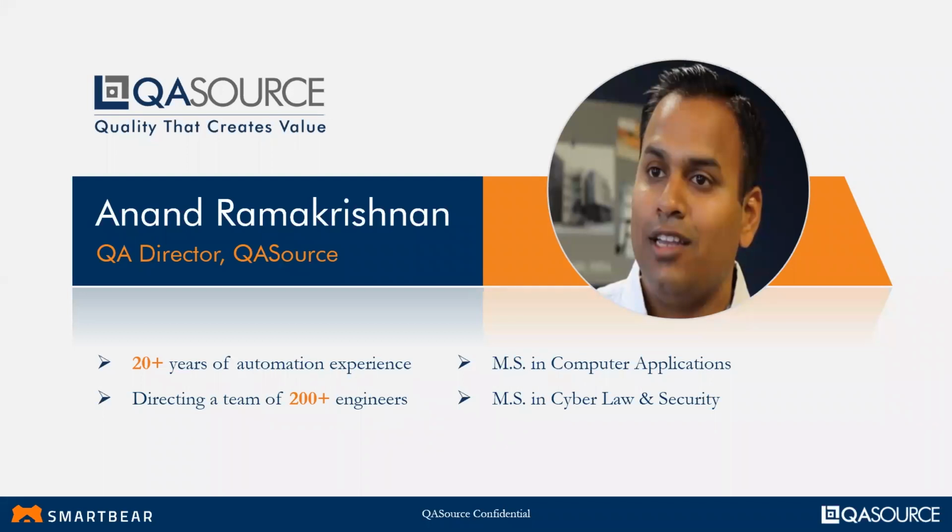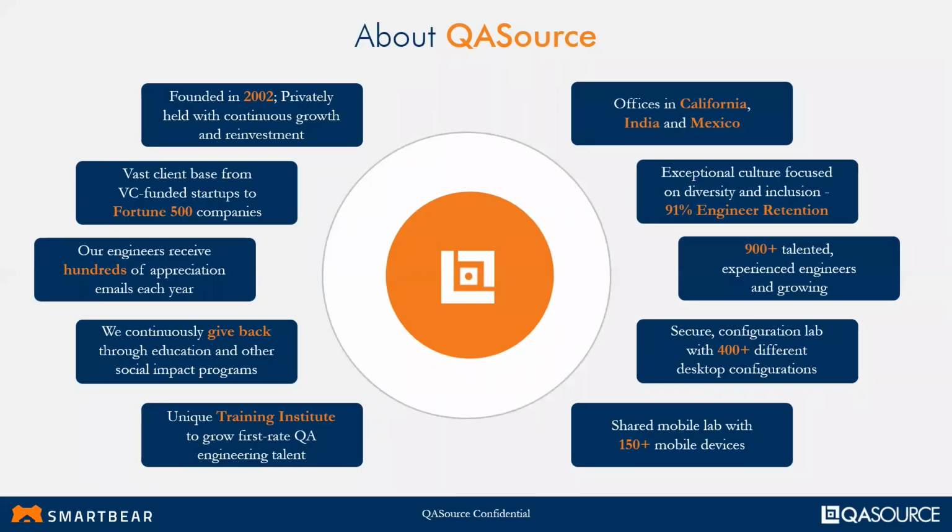Now, I would like to take this opportunity to give you an introduction about who we are and what we do at QASource. QASource was founded in 2002 and has grown from a small team of 3 engineers to an international organization of over 900 professionals. We are a comprehensive QA services provider and have been focused on API and UI automation testing for over a decade.